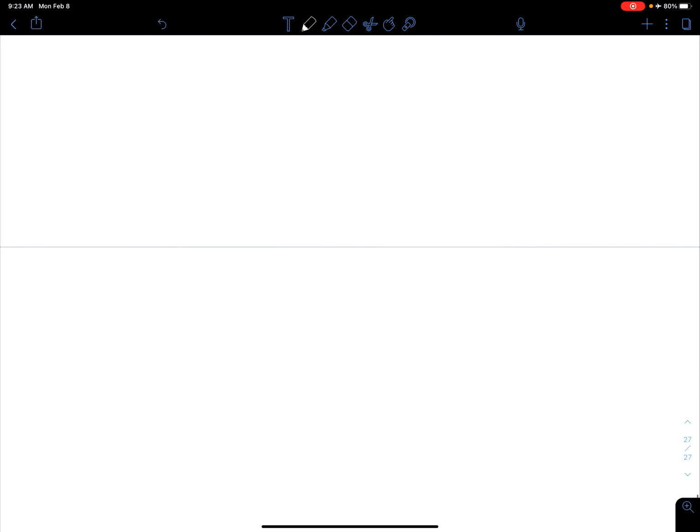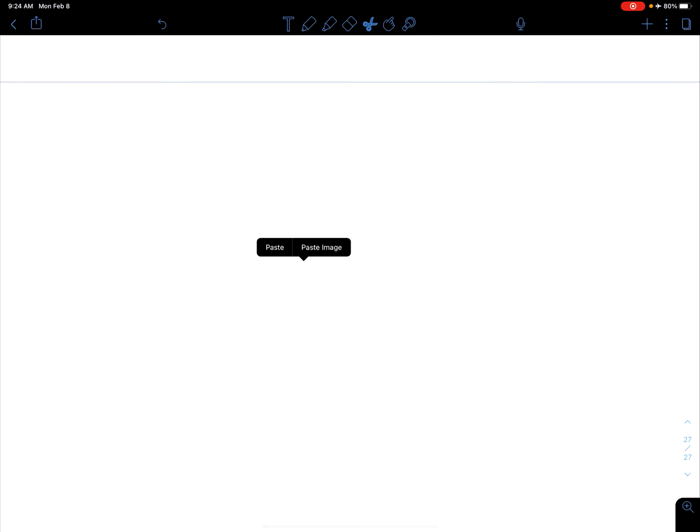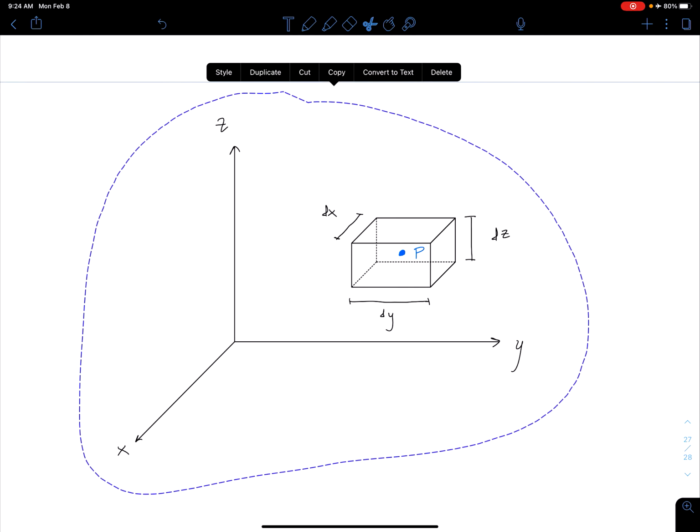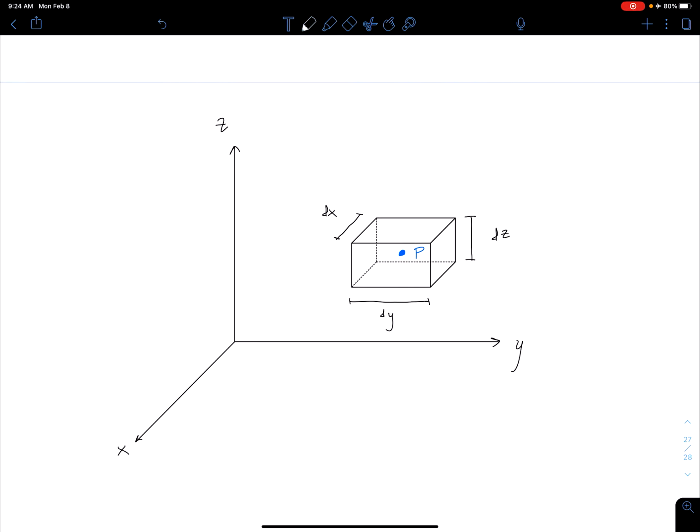We can derive a more detailed equation for this, or I should say a more practical equation for this. In order to do that, let's consider a differential volume with our point P. We're not going to go through the whole derivation, but I want to at least set it up so you know something important here, and we'll dig into this a little bit more in a later example.